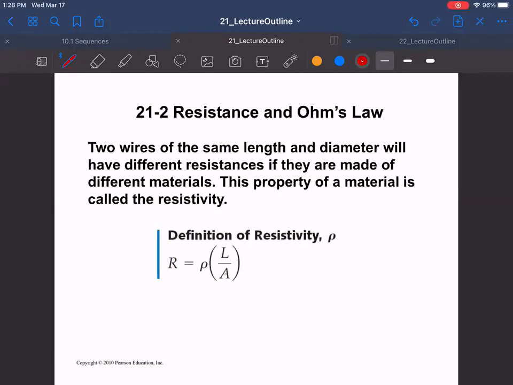I mean, I guess that kind of works, but no. You know what? I'm okay with that. But you can also think of it this way. And I see this in a lot of other books. But sometimes you see it written as RA over L, where you swap the resistivity and resistance.